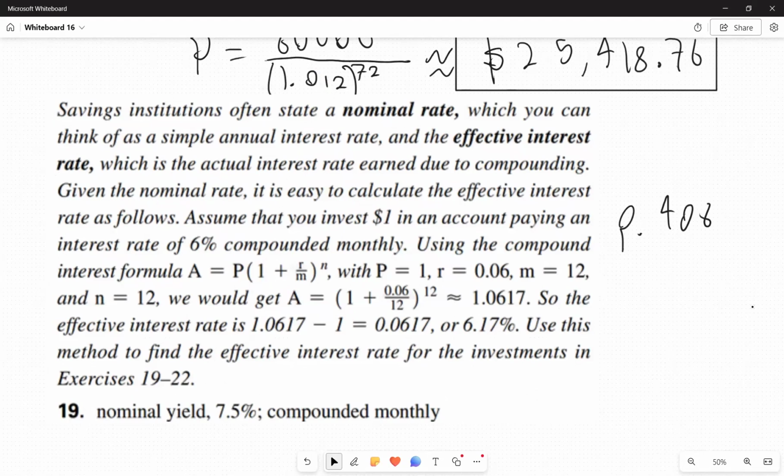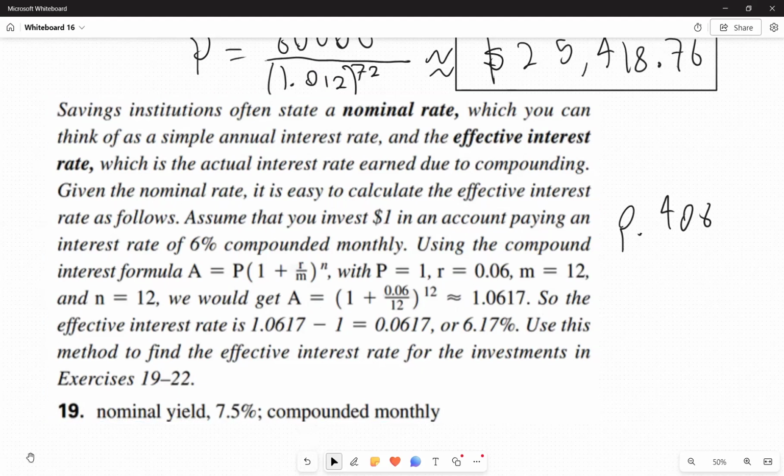Using the compound interest formula with $1 and 6%, we have that the amount after 1 year would be 1.0617. So subtract 1 from that and convert it to a percent, and that's going to be the effective interest rate. So use this method to find the effective interest rate for the investment in the following exercise.